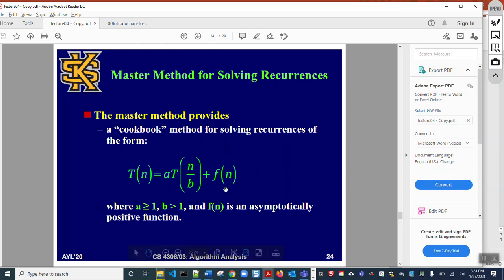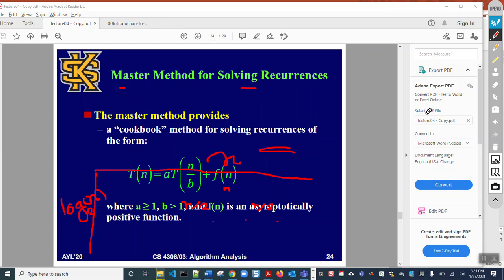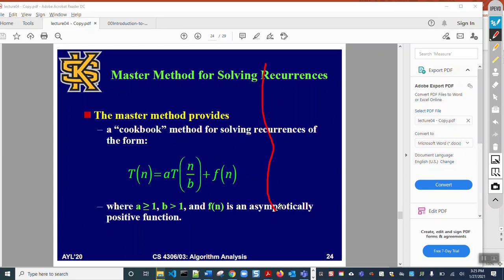And then f(n) is a function that is called an asymptotically positive function. So what is an asymptotically positive function? Please remember this from your discrete mathematics course: a function is called asymptotic if it meets another line at a far distance, for instance at infinite distance.